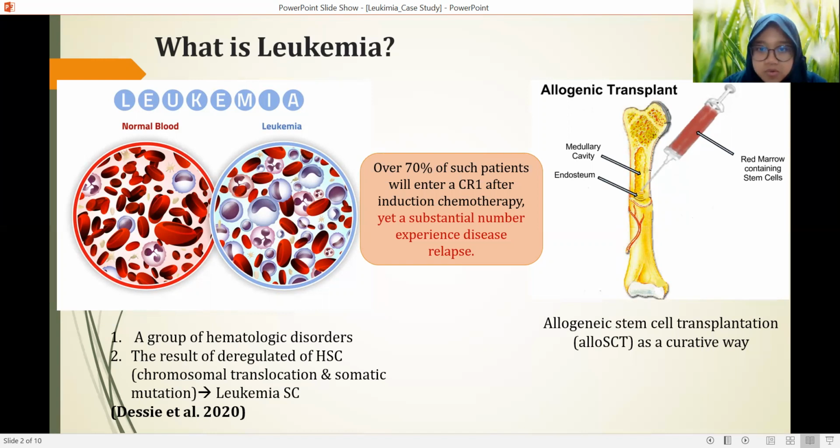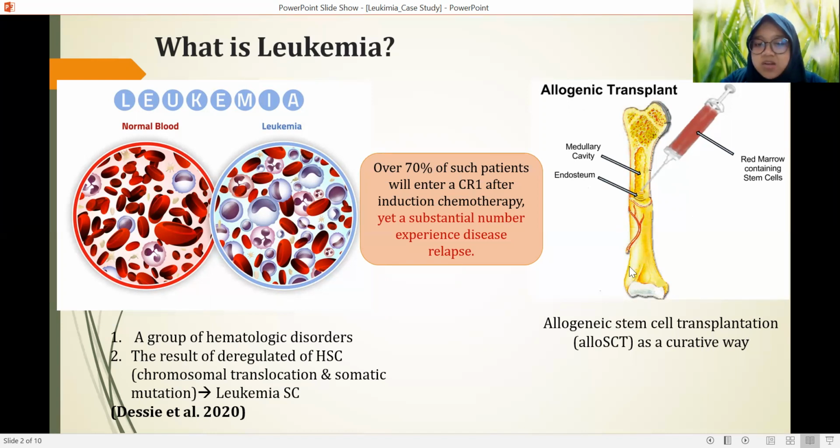So what's the solution of this problem? The solution is the usage of allogeneic stem cell transplantation or allo-SCT. This is the method for the curative way.